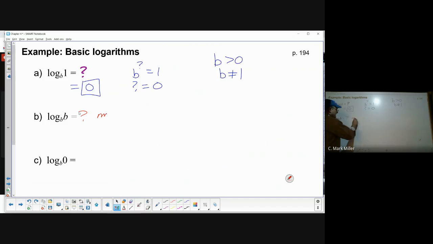This means that B to the question mark equals B to the 1, right? Equal bases, so the question mark equals 1. Get used to saying log base B of something is the power to which B must be raised to get something.